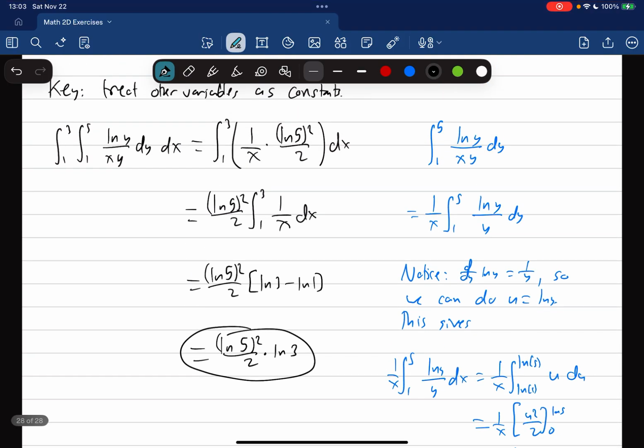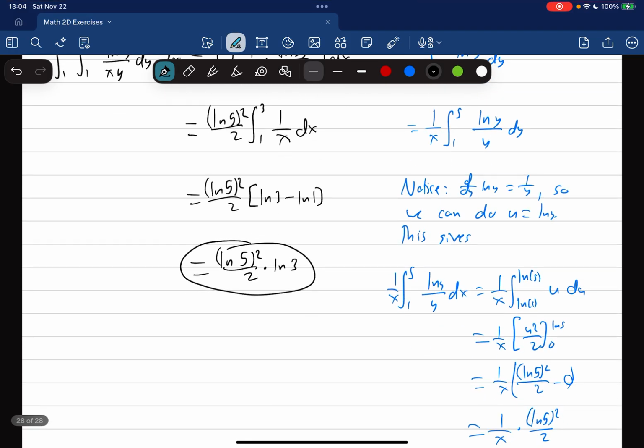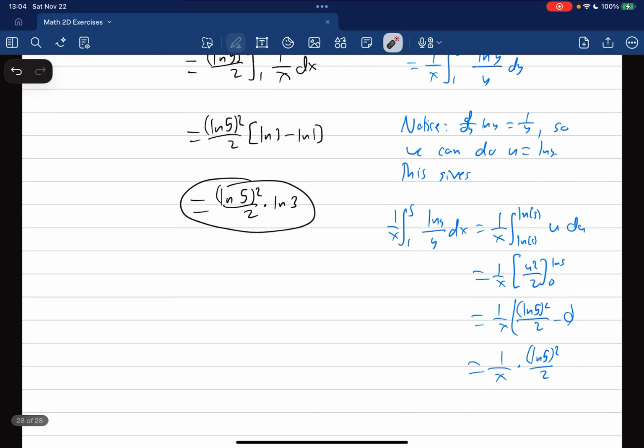So that wasn't so bad. There's a key takeaway I wanted to point out about this example though, which I think is good to keep in the back of your mind. Let's go back to this step right here, where I factored out the 1 over x.